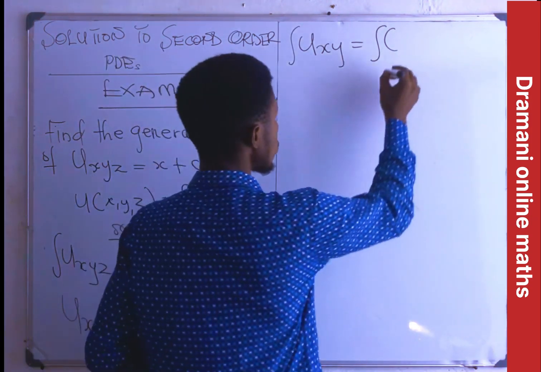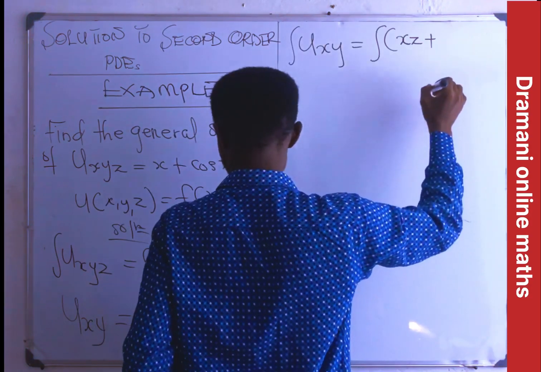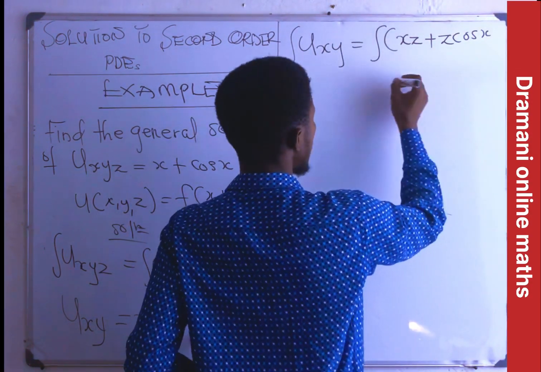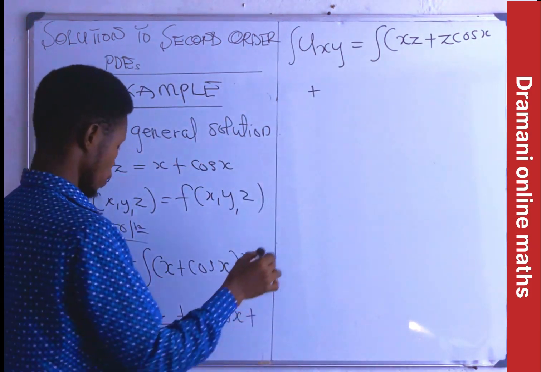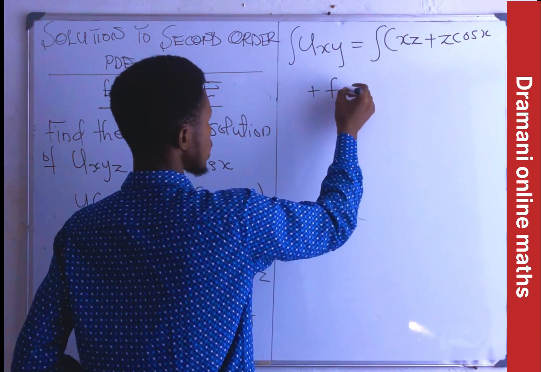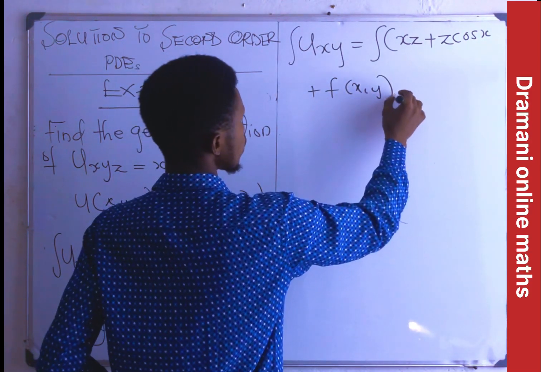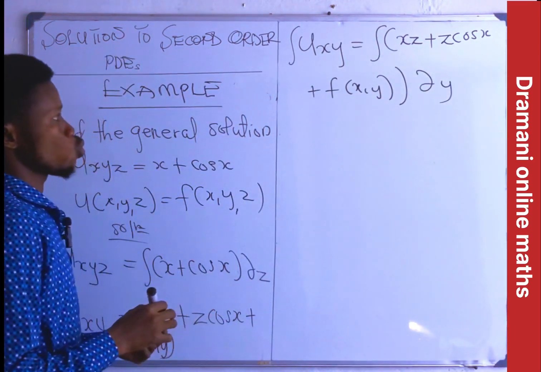Thank you very much. So here I have xz plus z cos x plus this side, okay, f at xy. So this one, remember I'm integrating with respect to y.